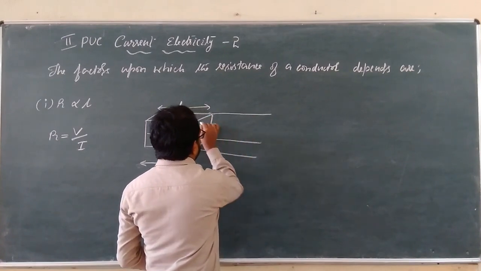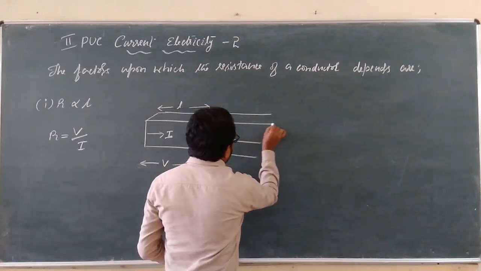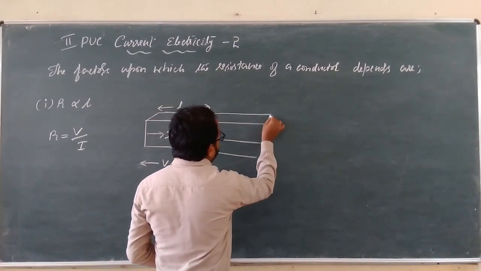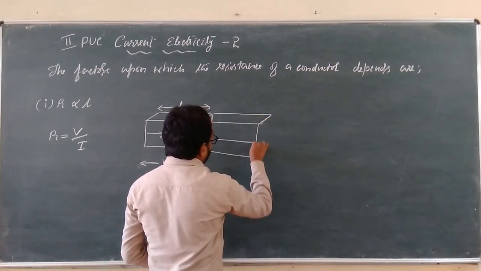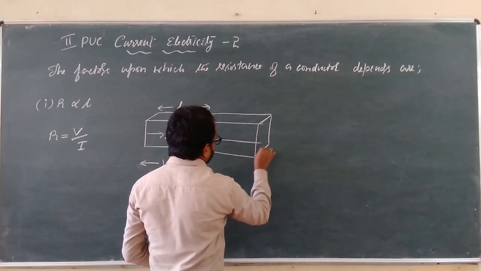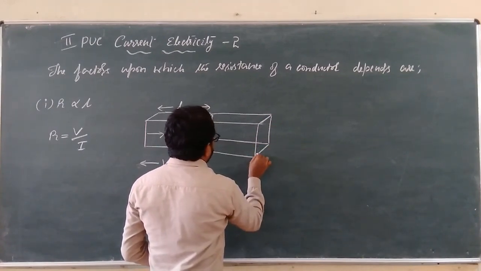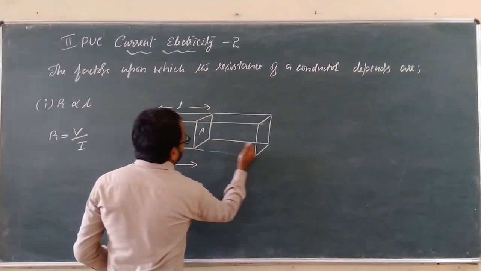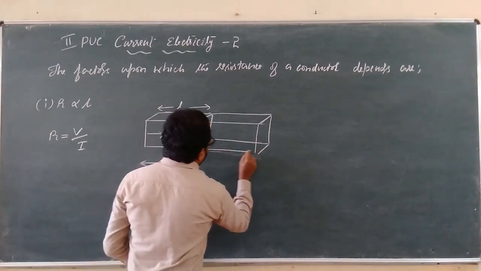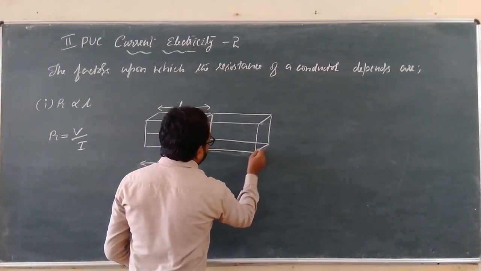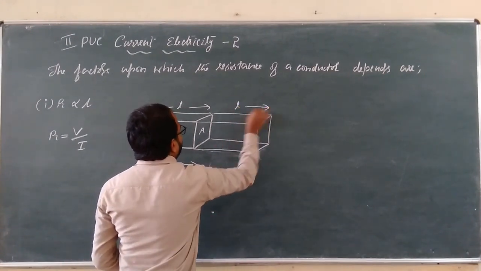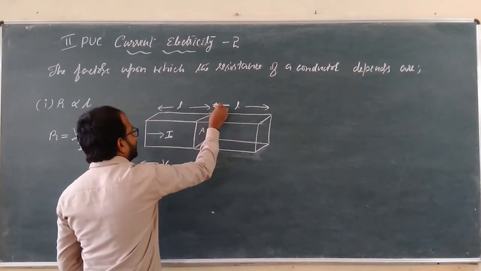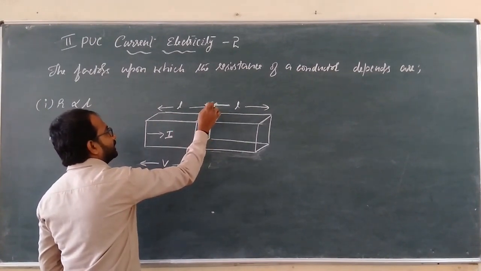So this is another conductor. Its length is L. Its length is also L. I told you it is an identical conductor to this particular conductor.